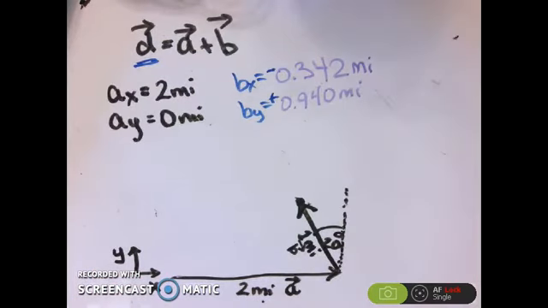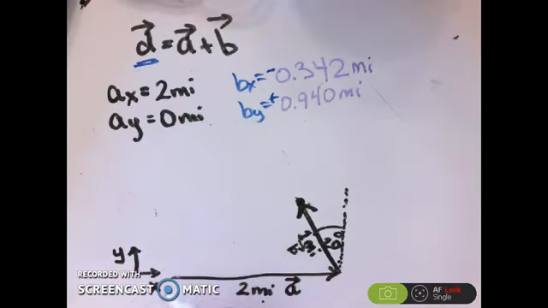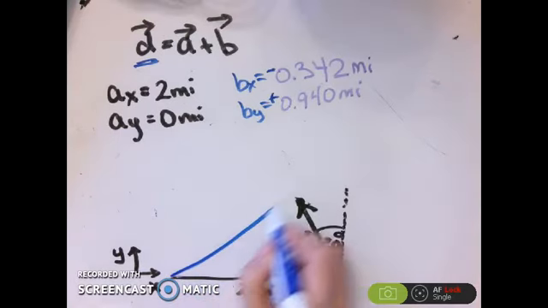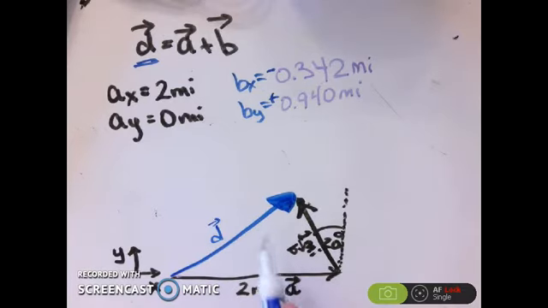So now that we have our components, we are able to figure out the components of our vector D. Remember way back when, about 5 years ago, okay, about 15 minutes ago, that's what we were looking for. We wanted to understand what is this vector right here, and we randomly called this vector D. We wanted to understand what that was.